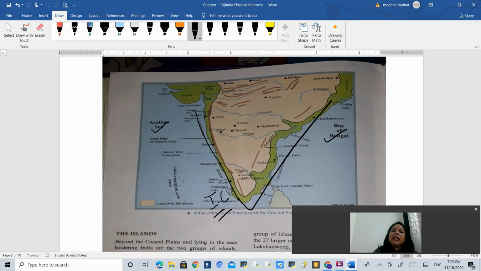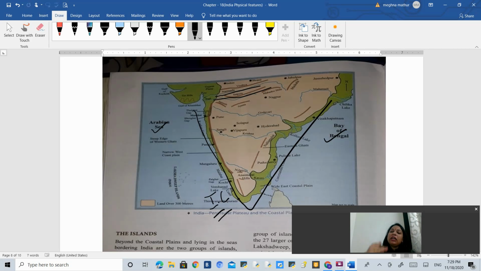Now here you can see there are only two rivers which flow from east towards the west. All the remaining rivers in South India flow from west to east, but only two rivers flow from east to west. They are Narmada and Tapi. This is your Narmada river and this is your Tapi, which is also called Tapti.